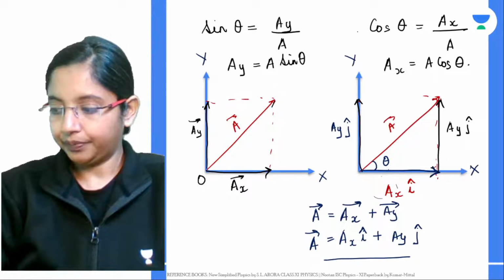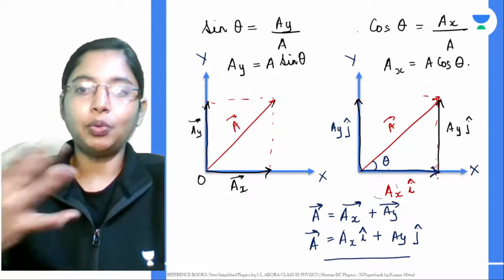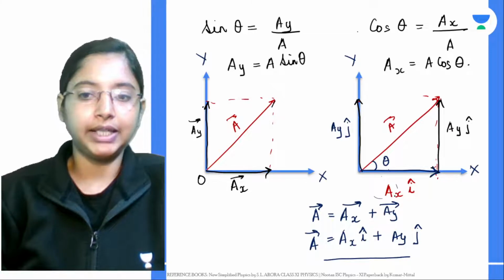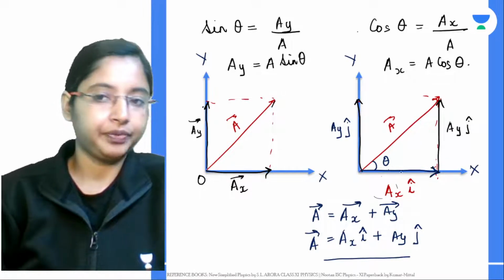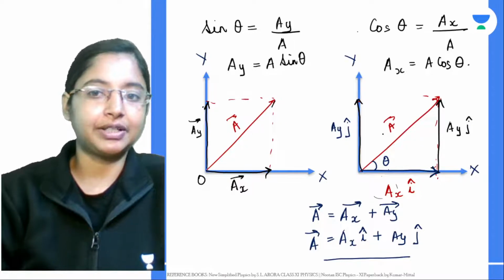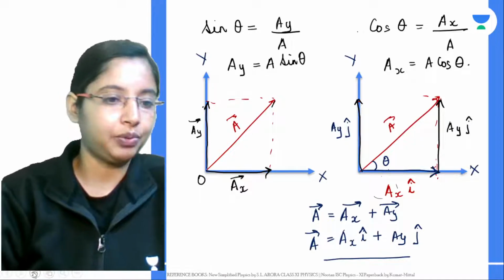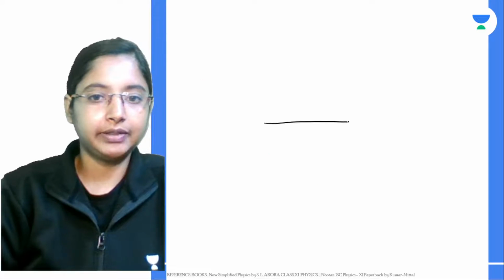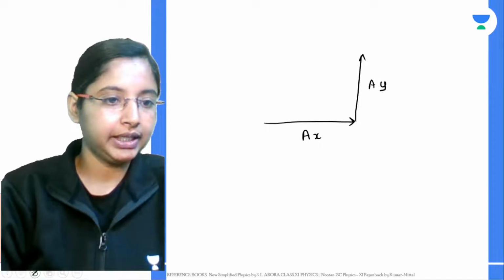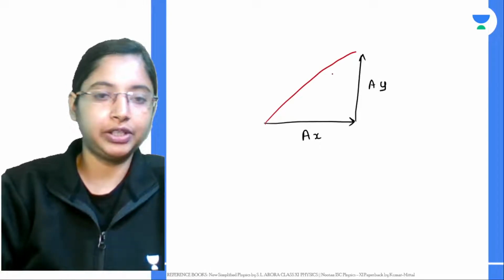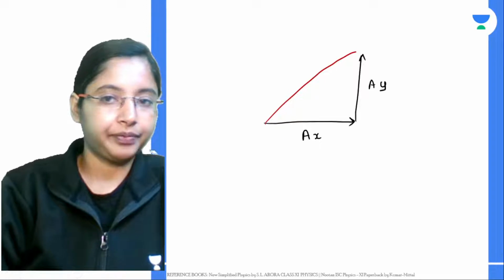Alright, now if you want to find, we have a triangle over here, right? Reverse, if you want to find what is A and theta value, what can we do? I'll quickly do this. We said this is Ax, this is Ay, and the resultant is actually A, right?